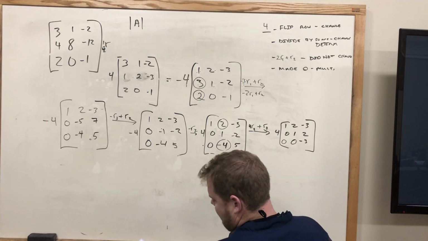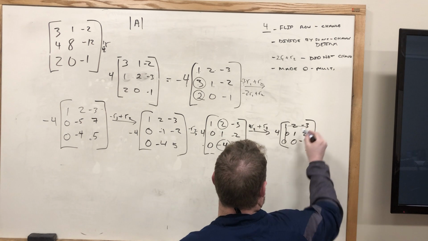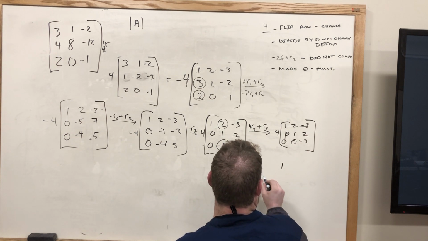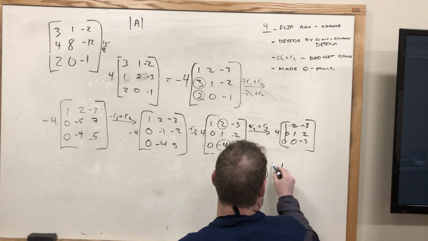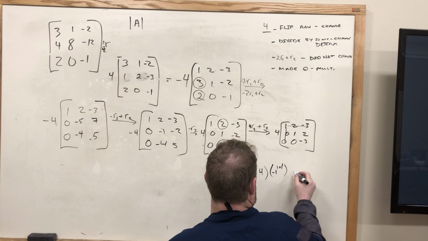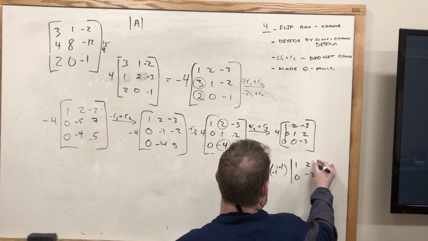And so now what happens next? So watch, look at what we have. 1, so we're left with 4, right? -1, 1 plus 1. 1 minus 3, 0, 2.